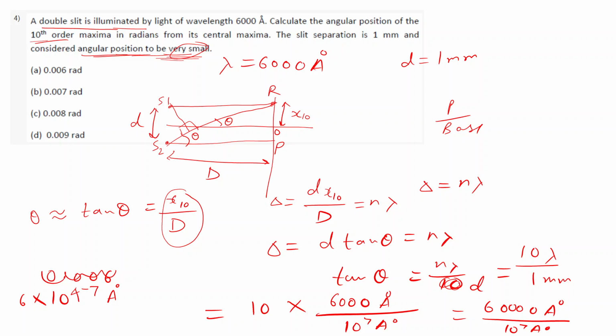Angstrom will be cancelled because they are in ratios. So this will be 6 times 10 to the power minus 3. This is the angle. It will be 0.006 radian. Okay, this is the correct answer.